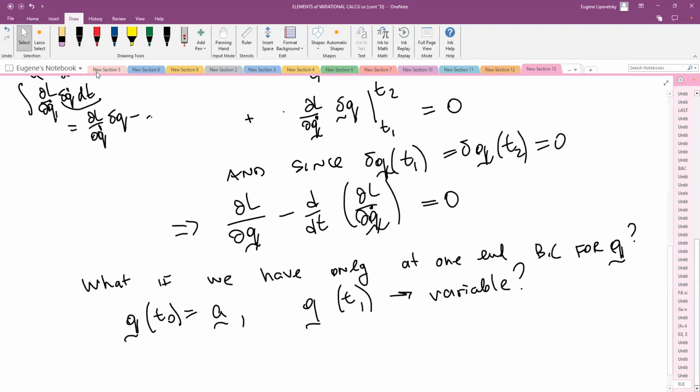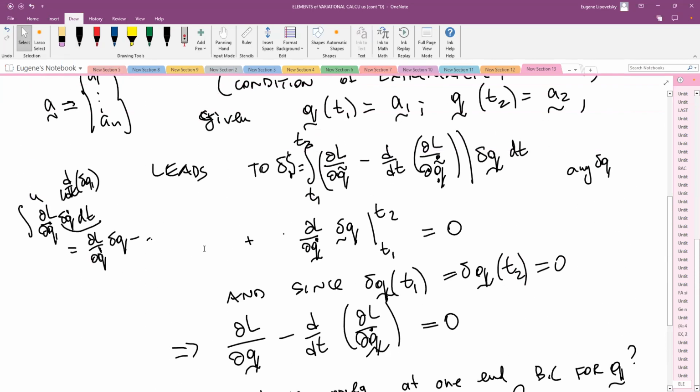Well, look at these equations. Let's call this equation 1.